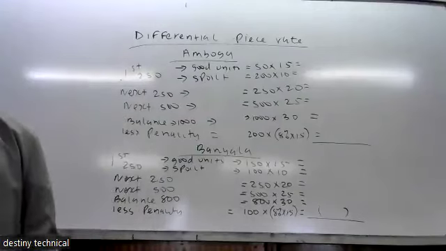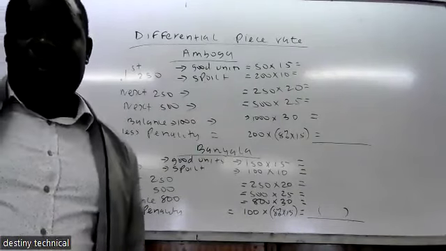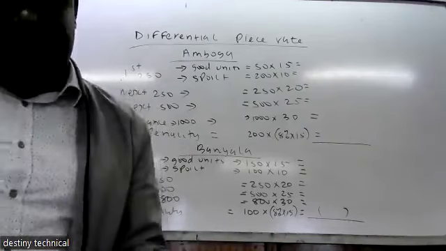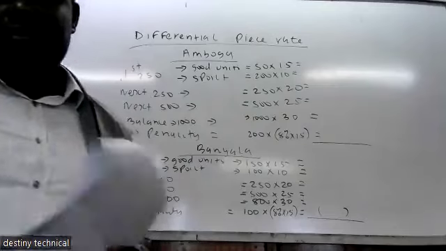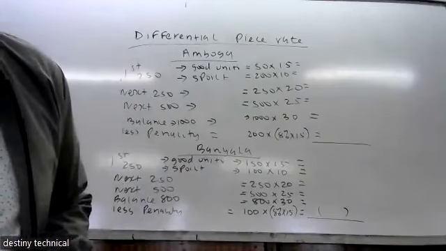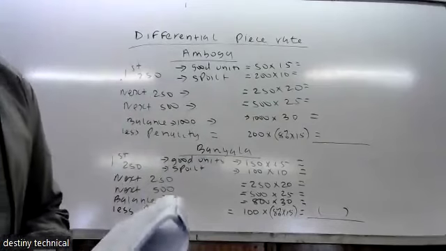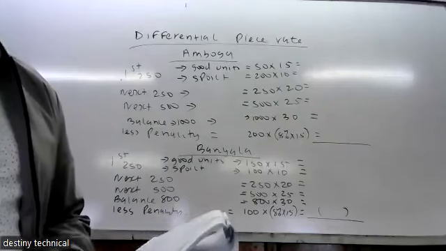For the employer, you pick the one with the lowest. So for Abongo, which method should he pick? From the information you have given me, he should select the piece rate.